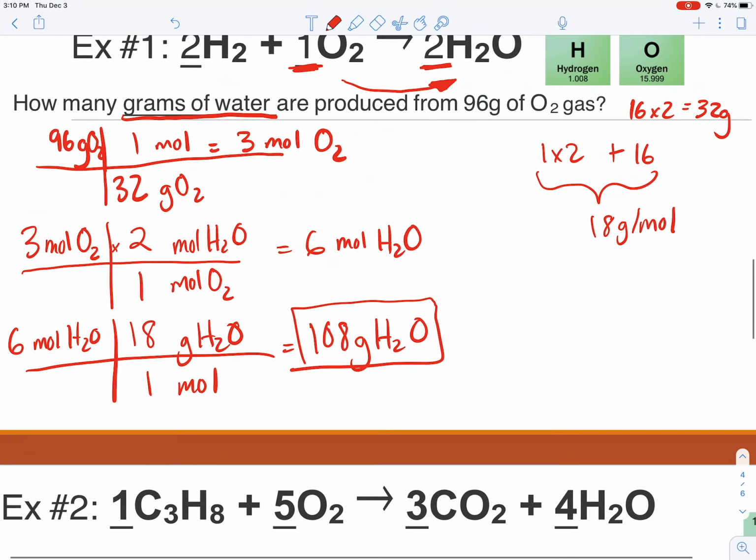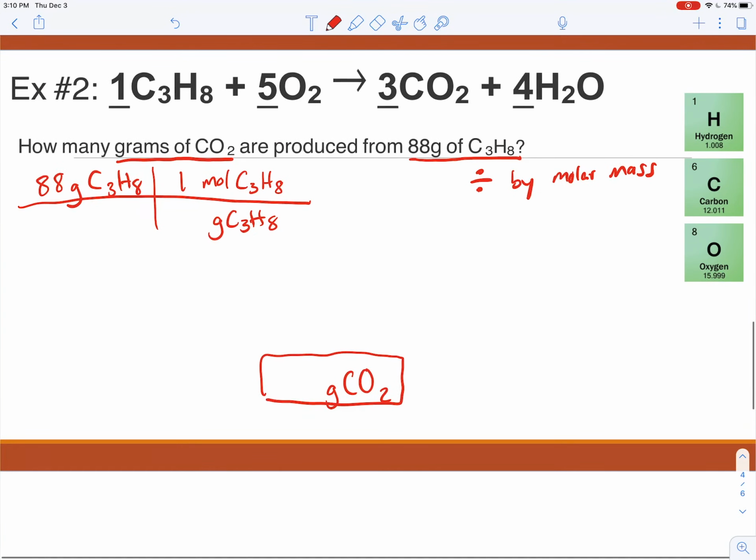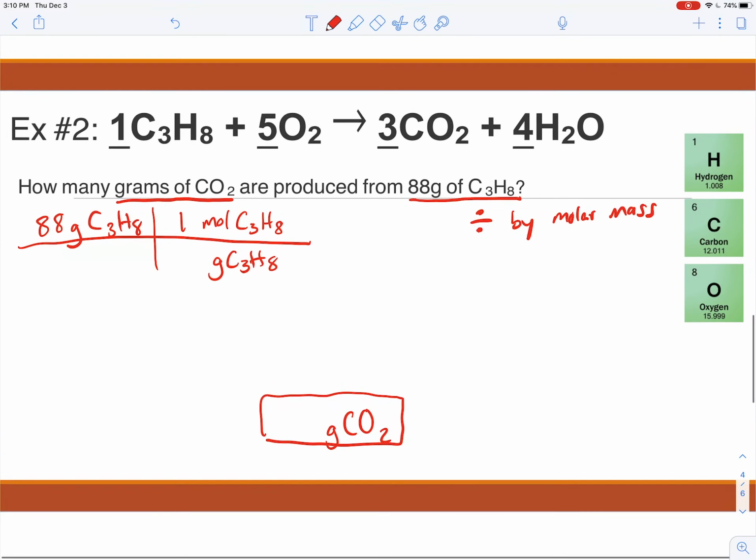So again, the molar mass we want to calculate. There it is. The molar mass of C3H8, well, each carbon is going to be 12. So I'm going to do 3 times 12 plus each hydrogen is 8.